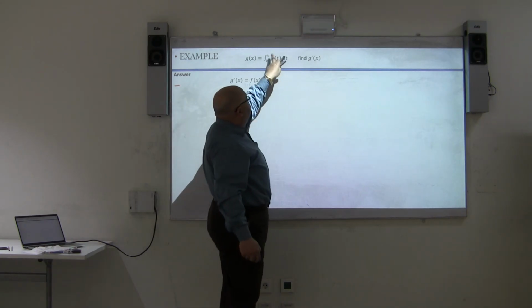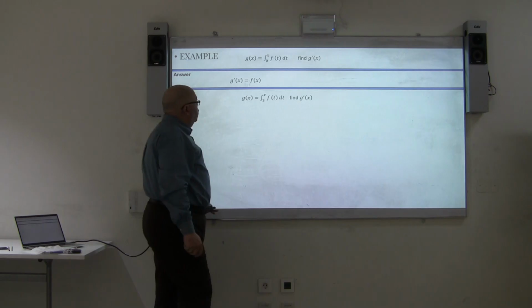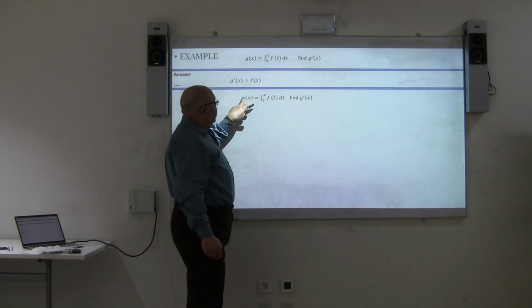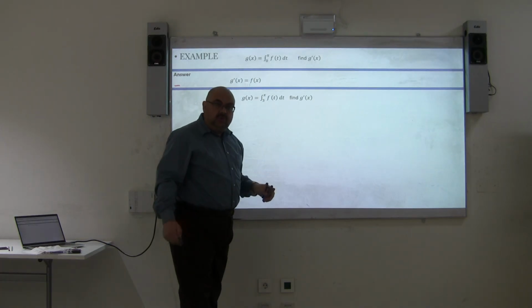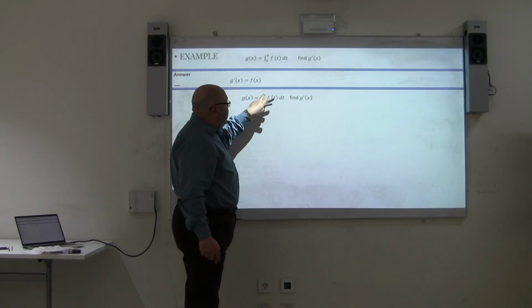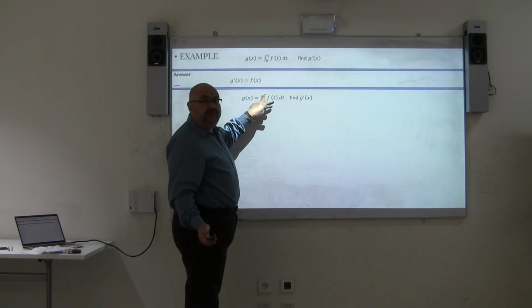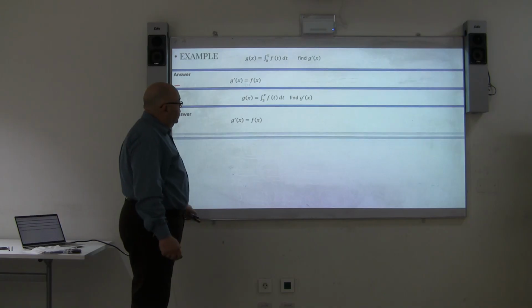I've replaced t by x and differentiated x, which equals 1. Once more, g of x is the integral from 3 to x of f of t dt. Find g dash, it's also very simple. I will replace t by x, then times the derivative of x, which is equal to 1. Once more, it's going to be f of x, as you can see.